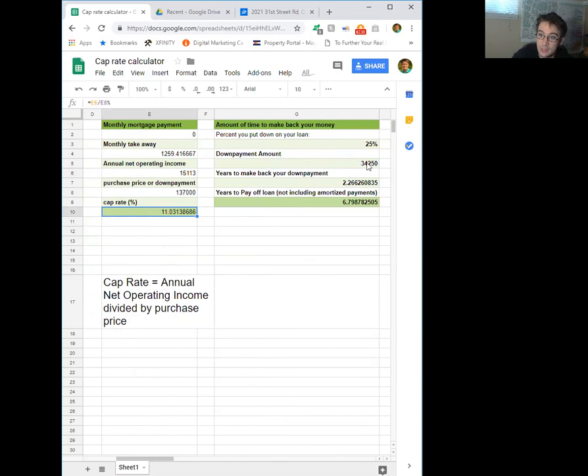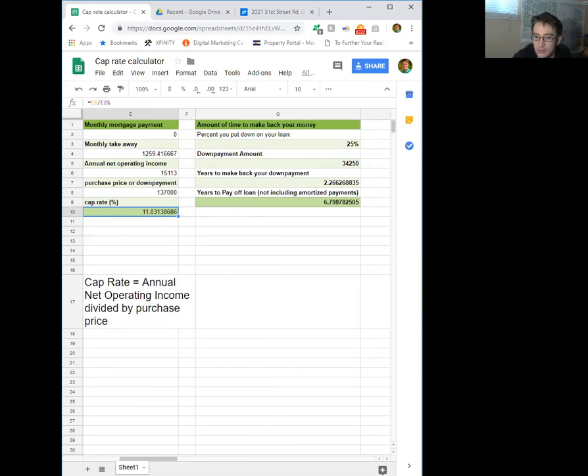The price is about $137,000, so your down payment would be $34,250. That would take you 2.26 years to make back your down payment at that current annual net operating income, and then almost 7 years to pay off the entire purchase price of the house.